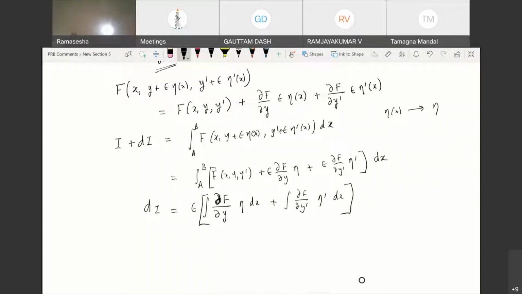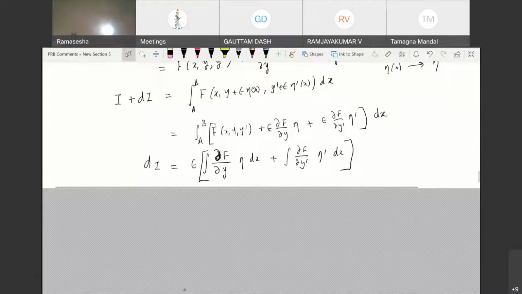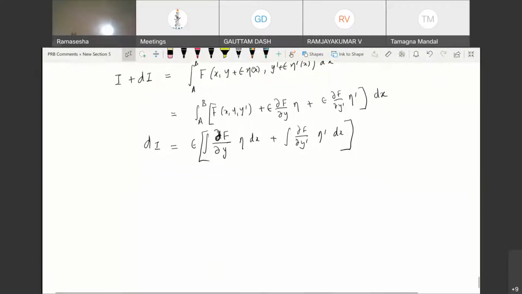Okay, so I can look at dI by d epsilon, which is given by the limit as epsilon goes to 0 of the quantity dI by epsilon.